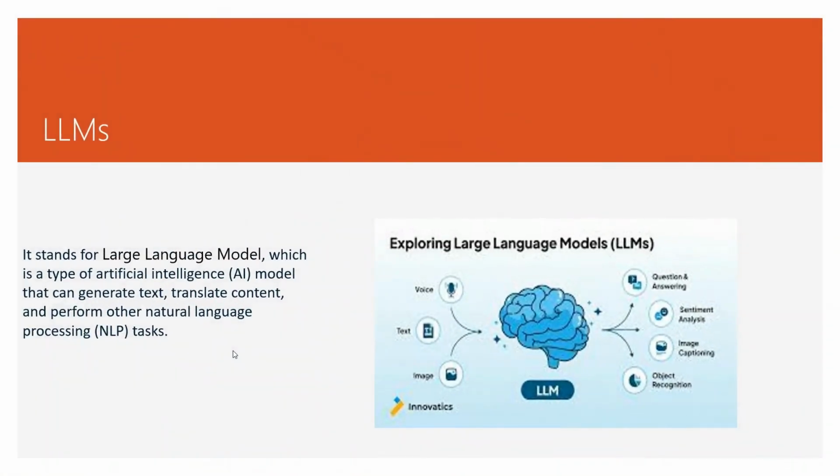Now let us study LLMs. As the name suggests, large language model. It is pre-trained with a very large set of data, and then it is fine-tuned for specific purposes. To understand this, for example, you have a pet dog at your house, many people have one nowadays. Suppose that dog is already pre-trained: you have already trained the dog with basic things like come, go, sit, walk, and so on.